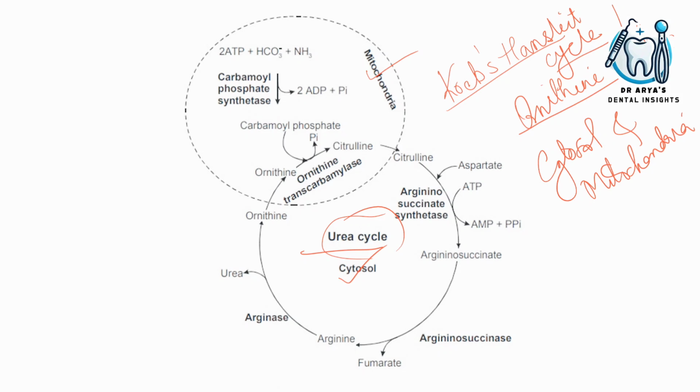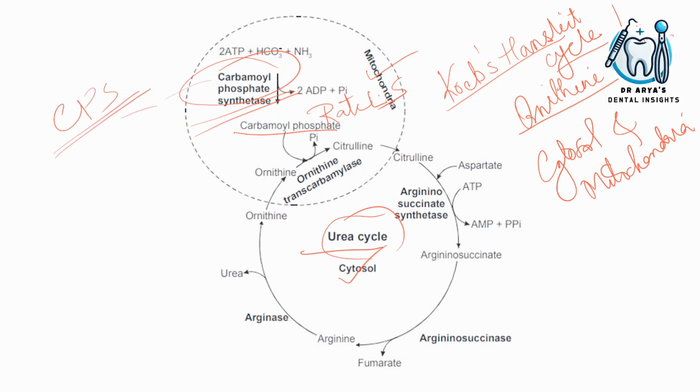So in the first step, bicarbonate ion combined with ammonia by deamination, it converts to carbamoyl phosphate by the enzyme known as carbamoyl phosphate synthetase, and this is the rate limiting step or key step, and this enzyme is known as key enzyme of urea cycle, that is carbamoyl phosphate synthetase.